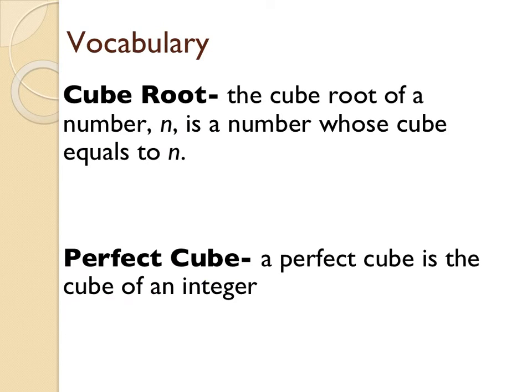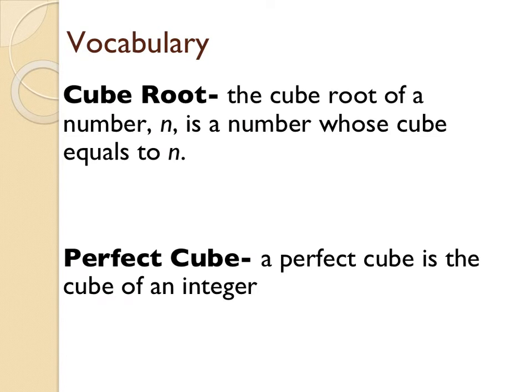Hey, cube root. This definition is not written down, so you would need to write this down and pause the video to do it. The cube root of a number n is a number whose cube equals n.